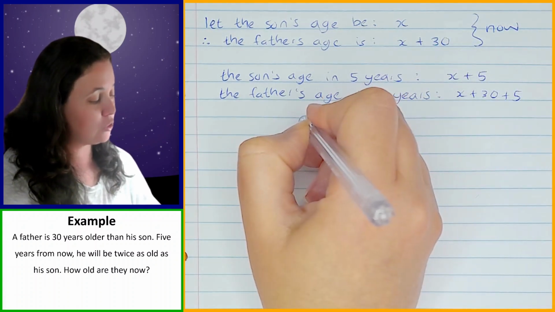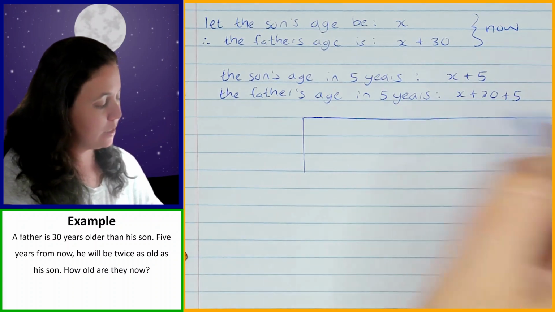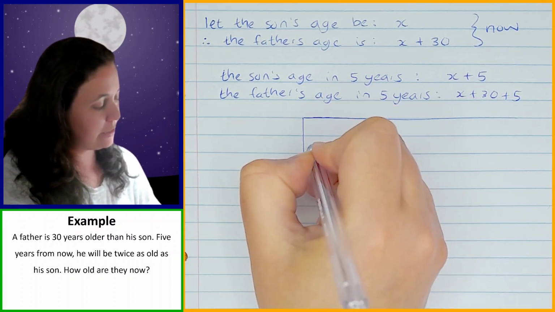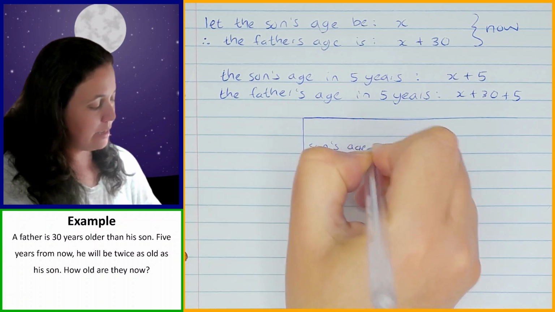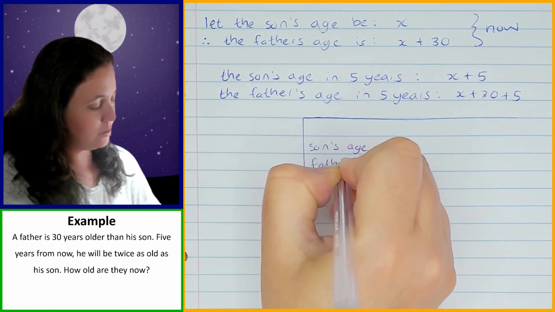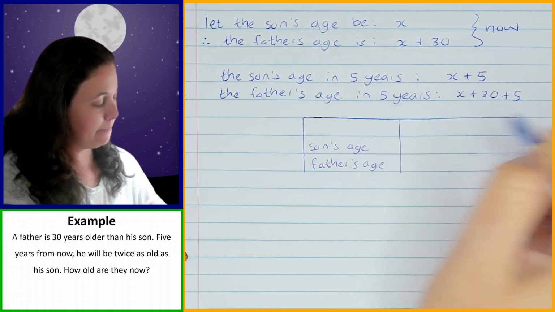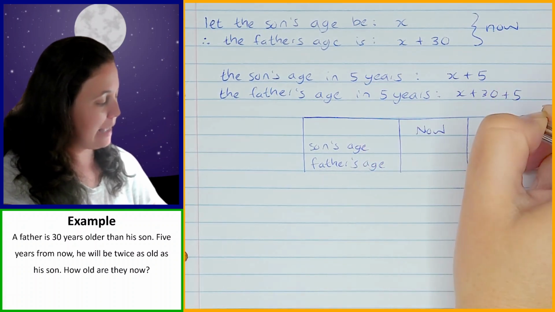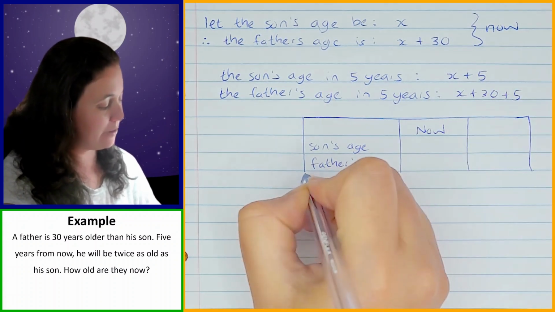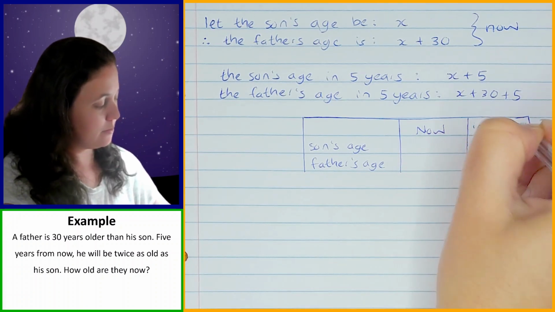You can do that. So your table will look something like this. So we've got the son's age and the father's age. Then I've got now and in 5 years' time.